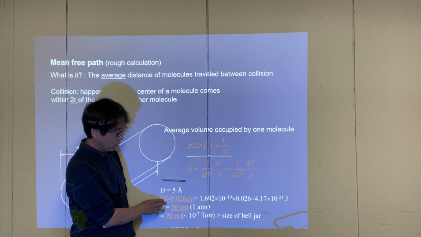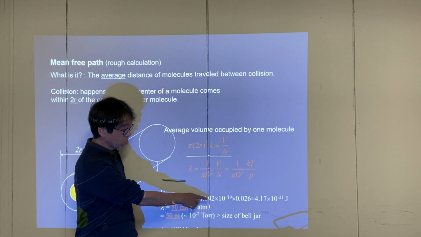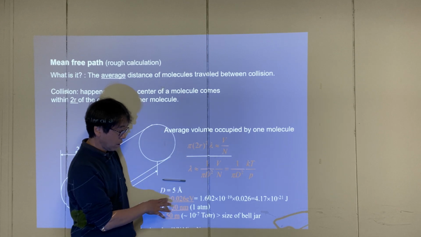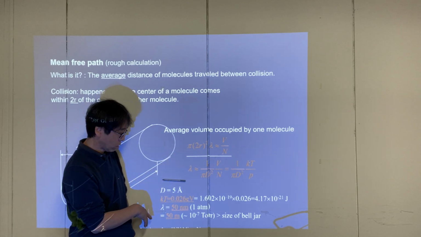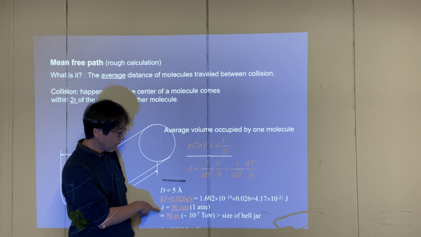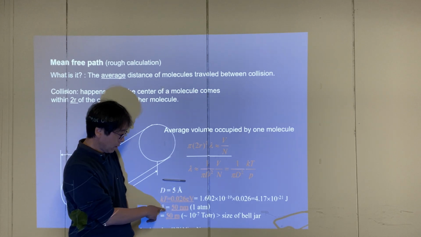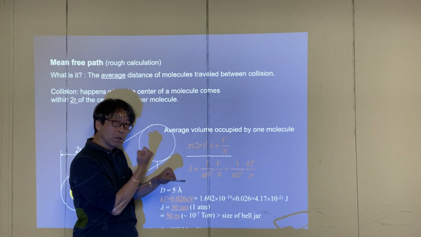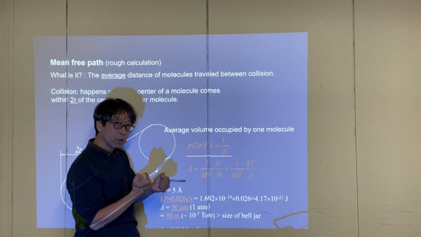You can easily calculate it because k is the Boltzmann constant, and you can easily calculate this energy level. In that case, at 1 atm, the mean free path will be very short, 50 nanometers. Every 50 nanometers, these molecules will hit each other.